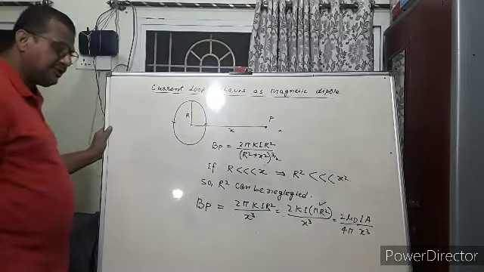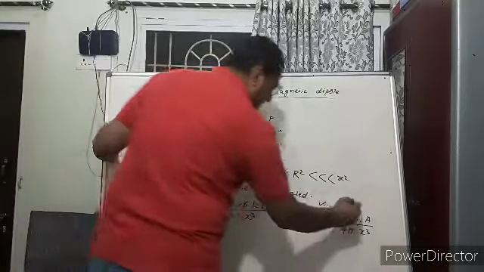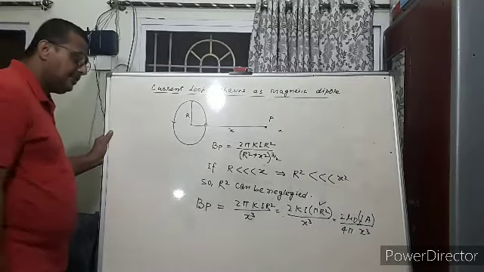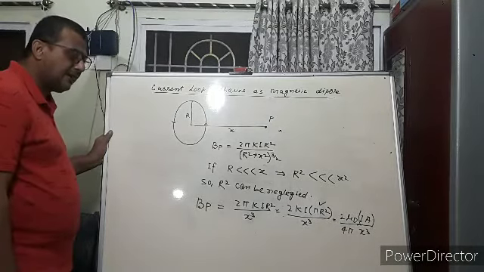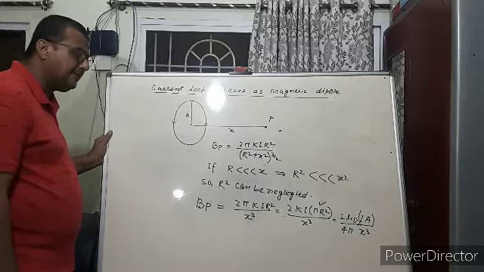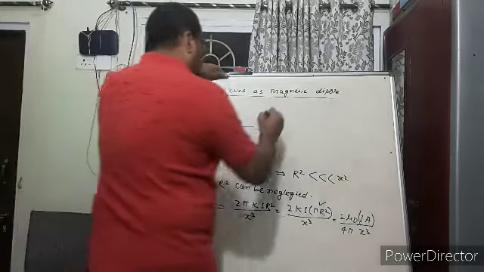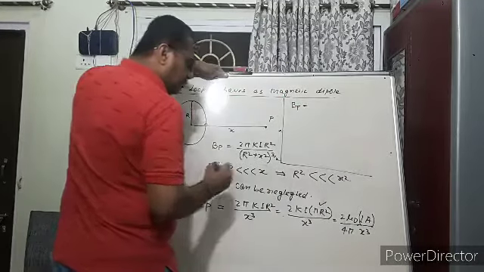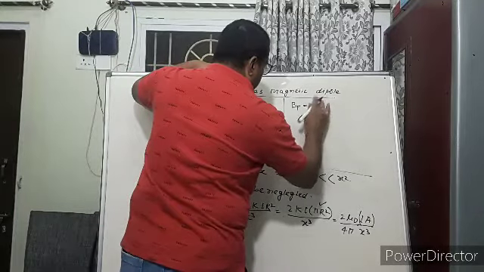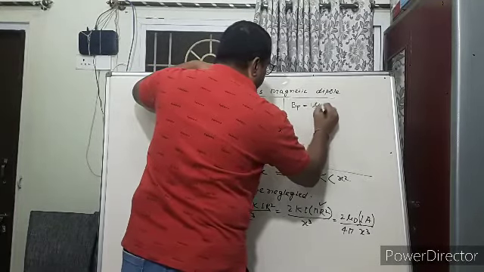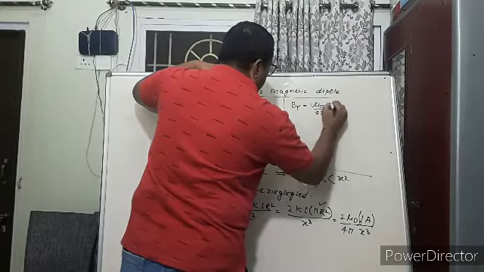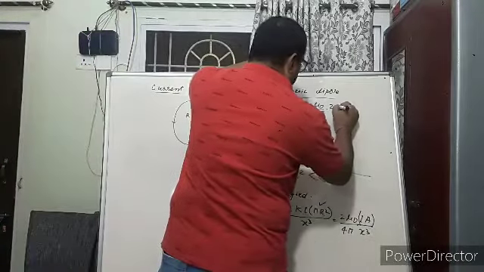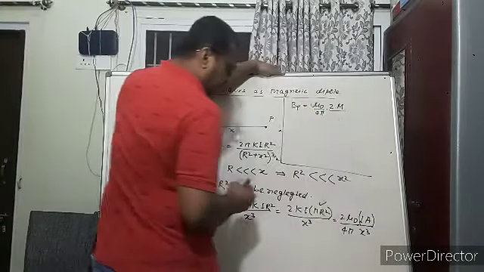Hence, it is clear that this IA, which we calculated in the previous lecture, the product of current and area, is equal to the magnetic moment. Hence, this magnetic field B is equal to mu naught by 4 pi into 2 times the magnetic moment divided by x cube.